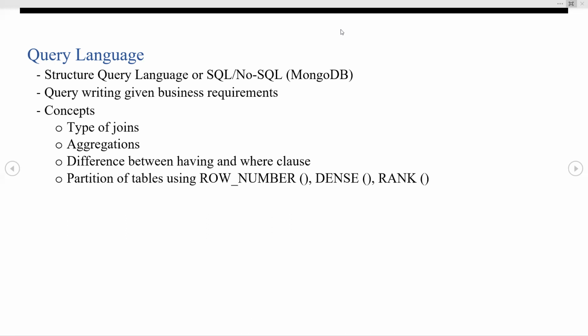Having set the background for why SQL is so important, let's go ahead and see what happens in general. You are expected to write queries given the business requirement. Being a senior data scientist, you will be expected to translate the business requirement into a data requirement. But if you're a junior data scientist, a beginner or a novice, you may not be expected to do that.